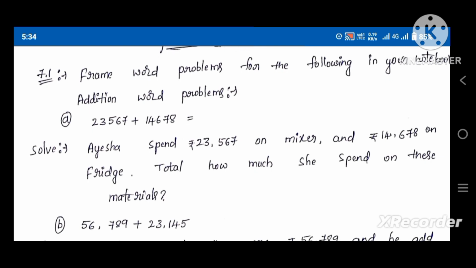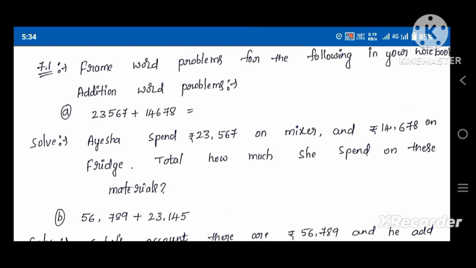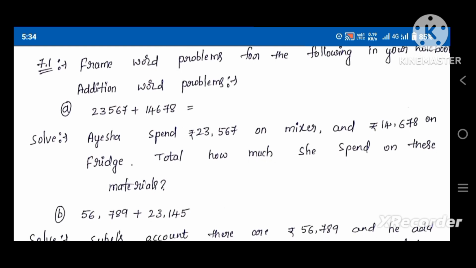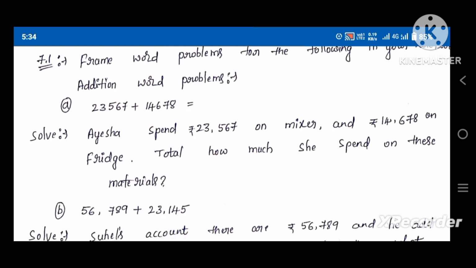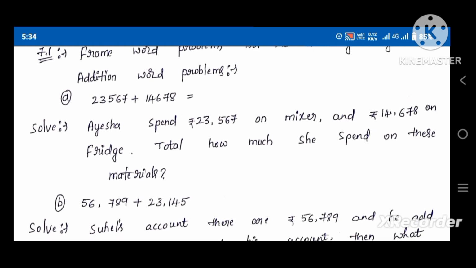Solve. Aisha spent 23,567 rupees on a mixer and 14,678 rupees on a fridge. In total, how much did she spend on these materials?